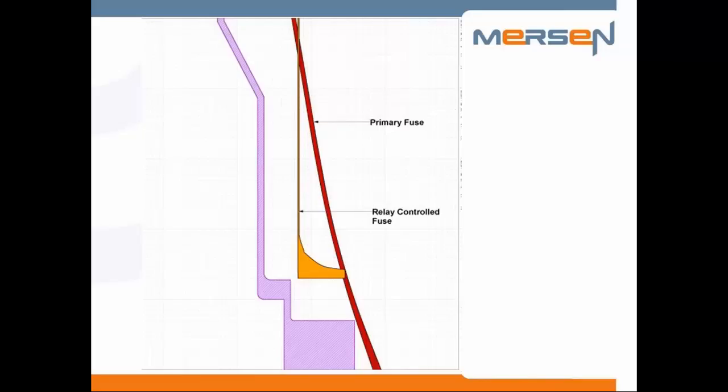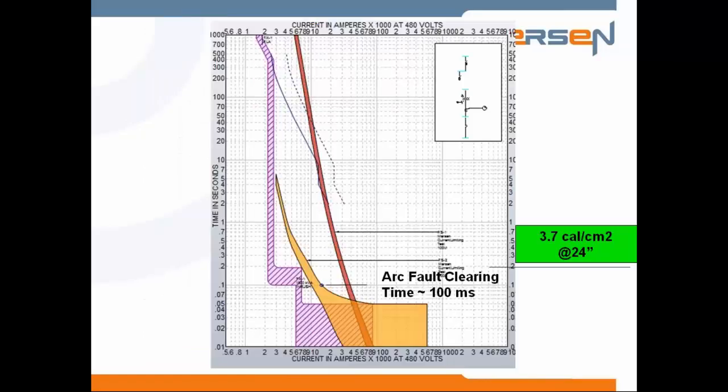If this is normal operation, you might consider a maintenance mode switch, in which case you can eliminate those two settings and go to a setting where there's no delay, and in that case the clearing time on these particular ones would give you a value less than 8 calories at 18 inches. This one shows 3.7 at 24 inches. So some analysts run at 24 inch, some run at 18 inches. But the goal of this project was to limit incident energy down below 8 calories per square centimeter at 18 inches.